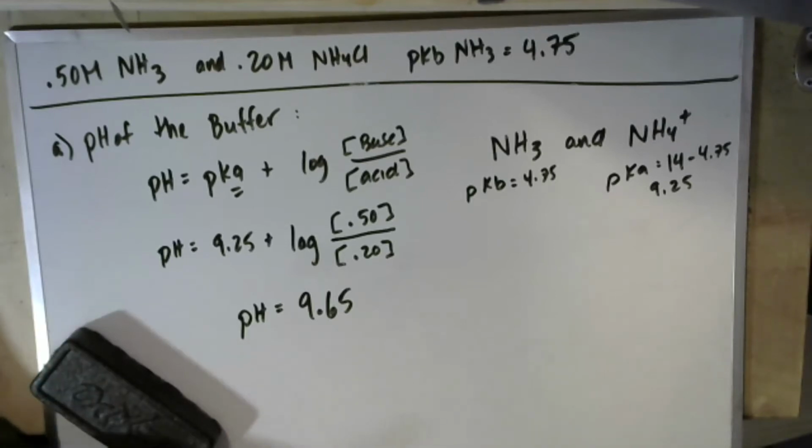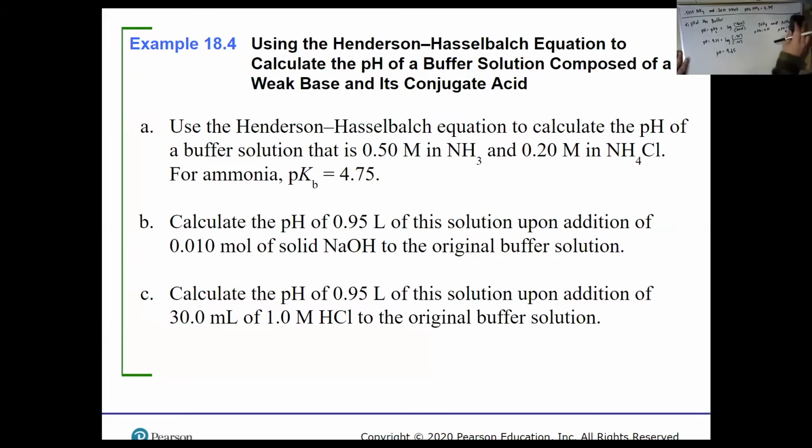Okay, so just a reminder what the question is. And we would expect that when we added the 0.01 moles of sodium hydroxide to this, that our pH would increase a little bit. Okay, that's going to be our expectation. It shouldn't increase dramatically, but it should increase a little bit.